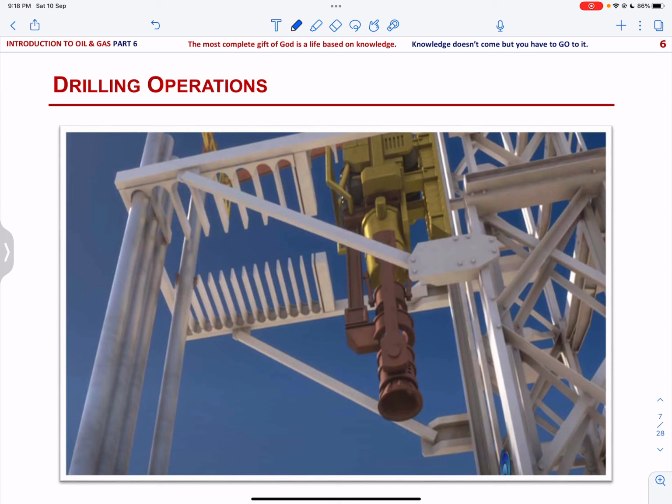Routine rotary drilling consists of rotating a drill bit downwards through the formation towards target depth, cutting away pieces of the formation called cuttings. During the drilling process, drilling fluid called mud is constantly circulated down the well bore.